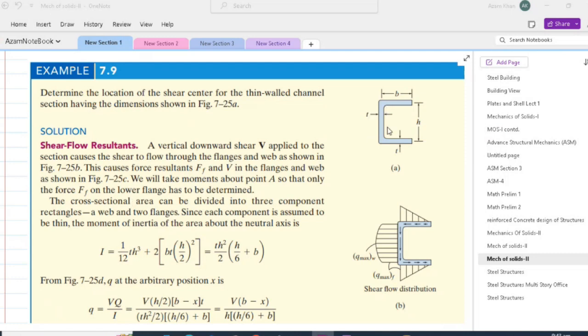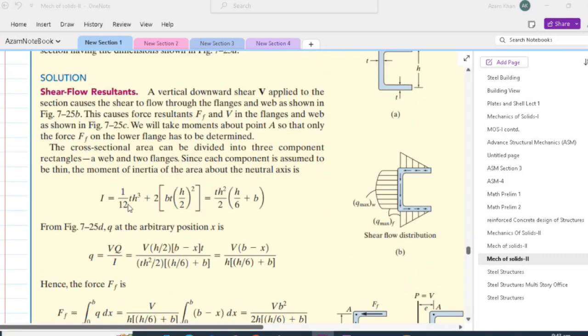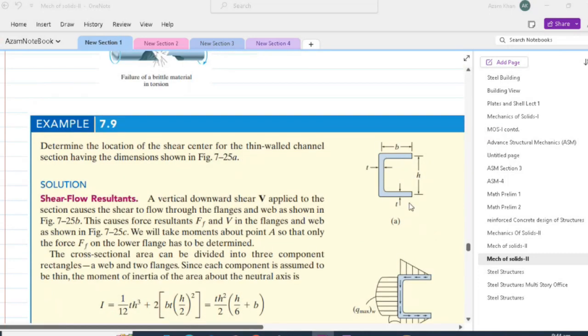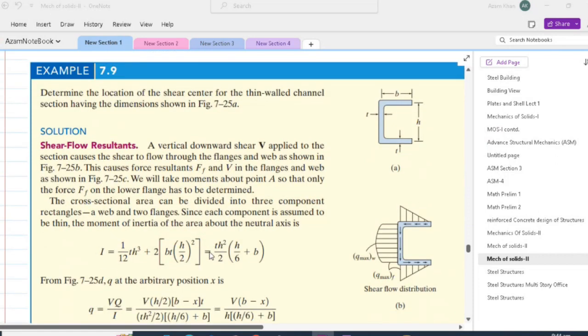So in the case of this channel, we can determine the moment of inertia about the neutral axis equal to t h cubed by 12 plus 2 times [b t (h by 2) squared]. In other words, we consider each of the components, namely the flanges and the web, as a thin-walled structure.